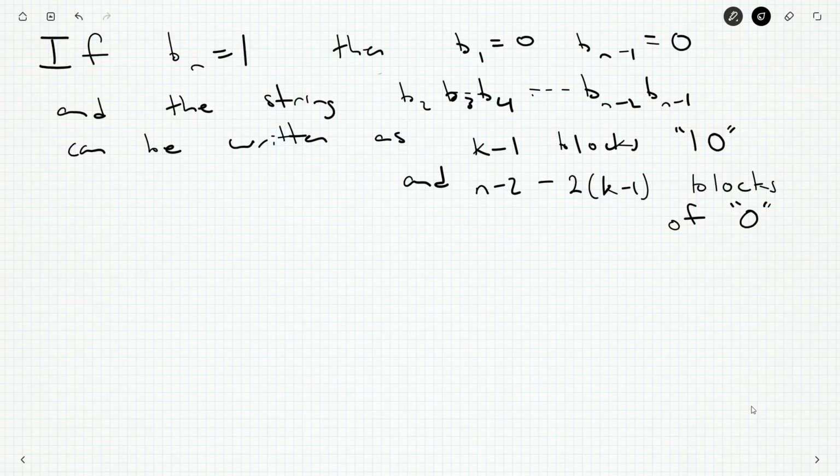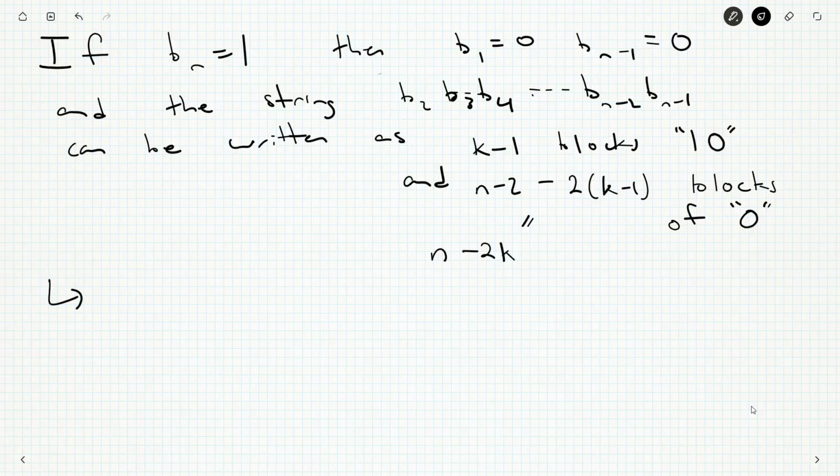I feel like that's going to work out. Yeah. So that's each k minus 1 block gives you that. And I guess we can simplify this a little bit to n minus 2k, and then minus 2 plus 2, so okay, it's just n minus 2k.